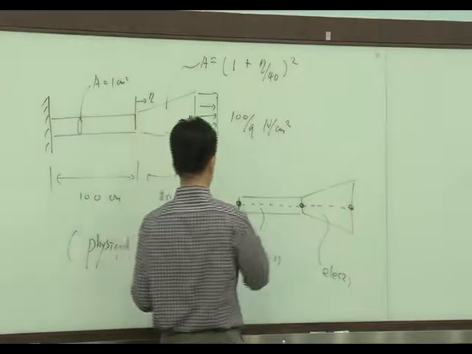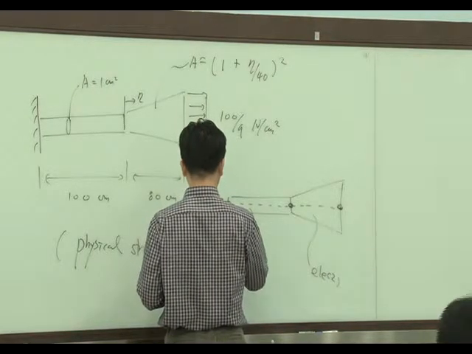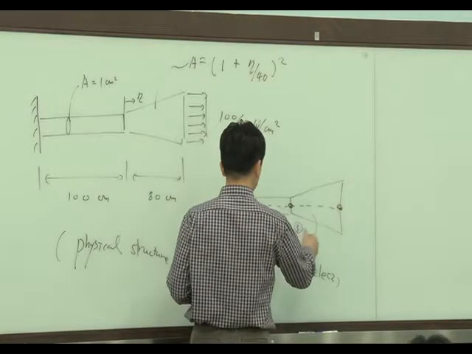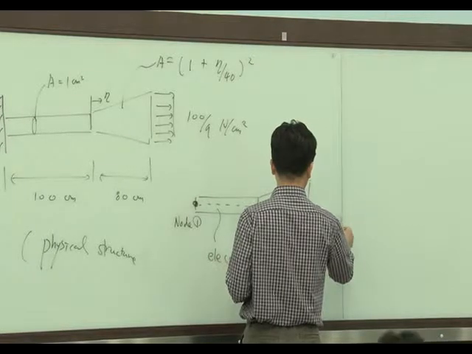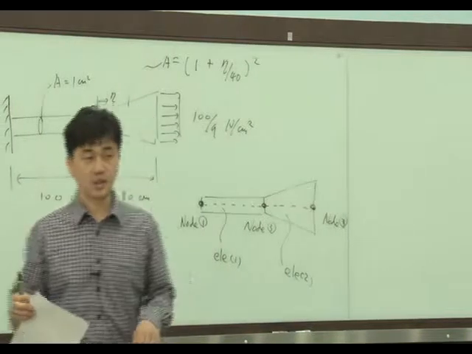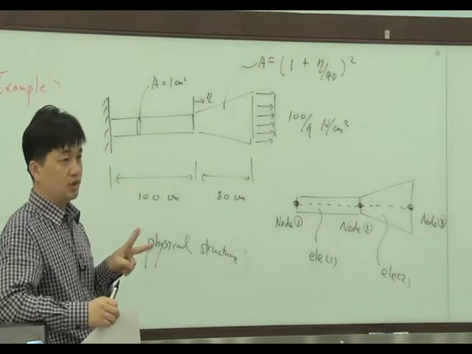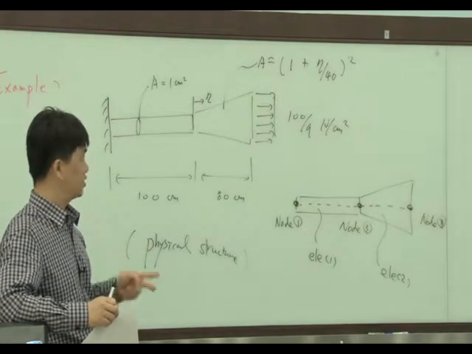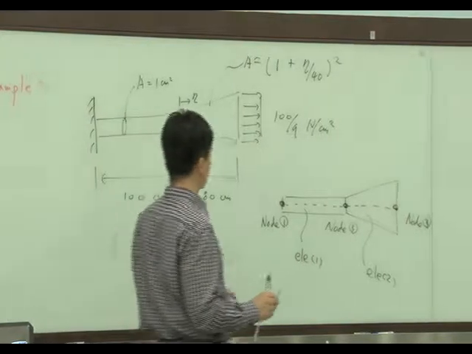So this is node 1, node 2, node 3. This finite element model has two elements and three nodes in total, and each element has two nodes.